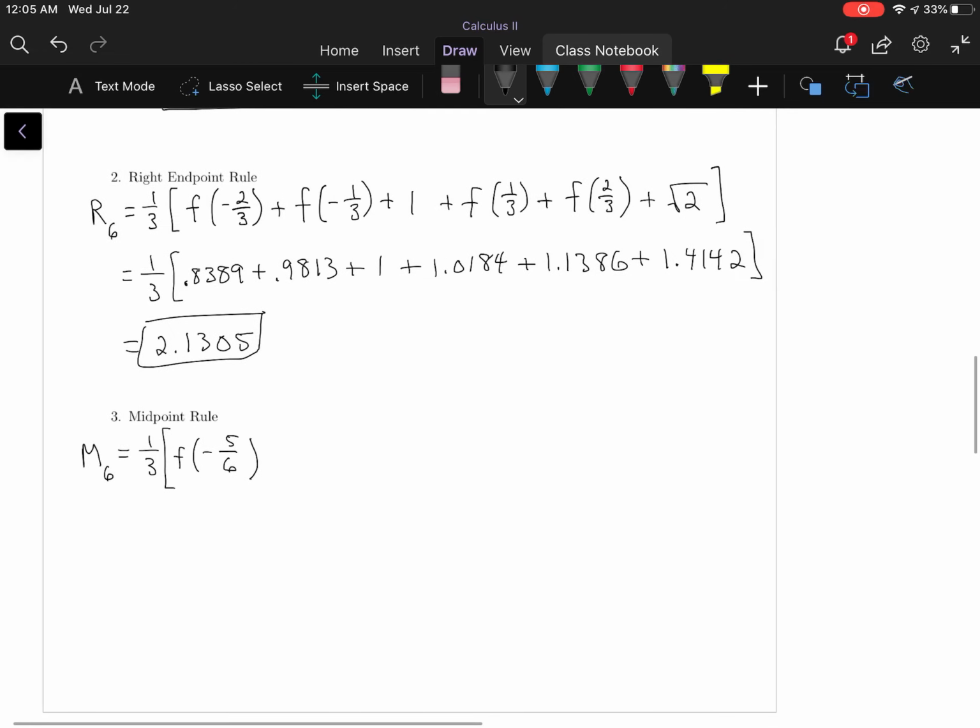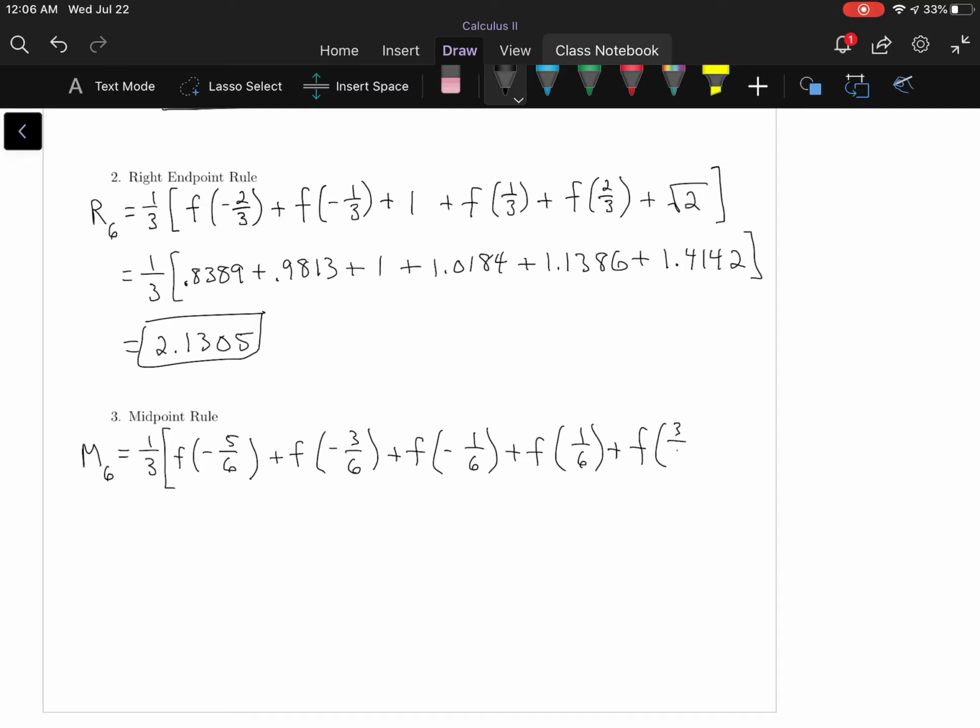But just for you to see the pattern, I'm going to write it as f of negative 3/6 plus f of negative 1/6 plus f of positive 1/6, f of positive 3/6, and f of positive 5/6.